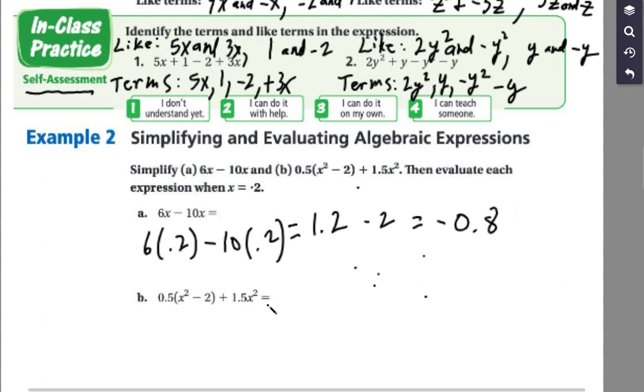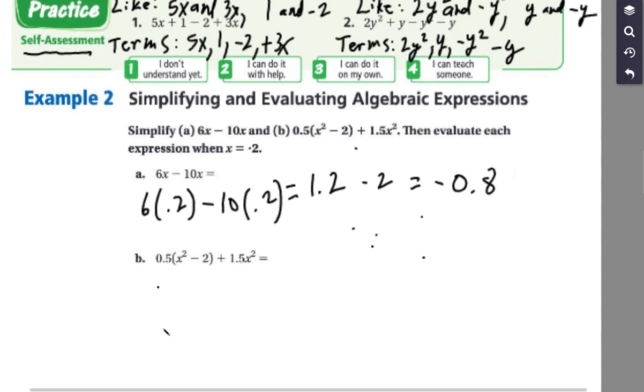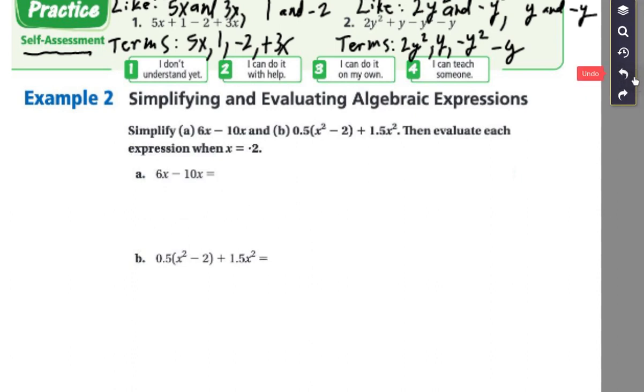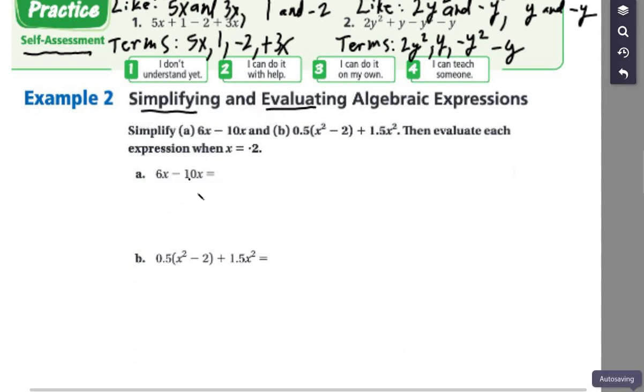And then, last but not least, this says to simplify and evaluate. So first of all, we're going to simplify this. 6x minus 10x, right?